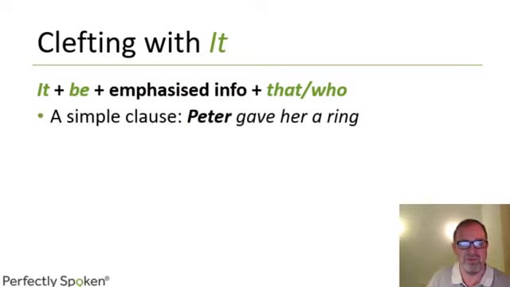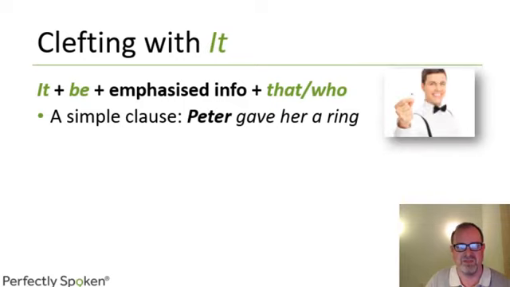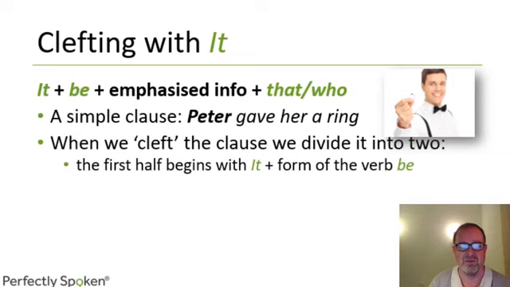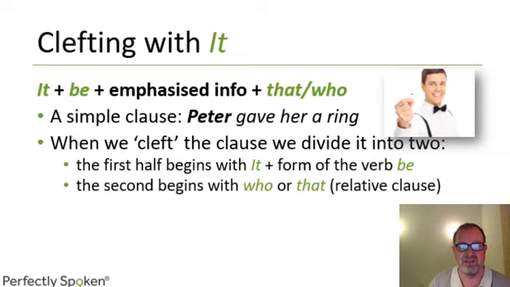So here's an example, a simple clause. Peter, the subject, gave her a ring. Okay, so here's a picture of Peter with the ring. And so what do we do when we cleft it? We divide this into two. First of all, we have the first half with it and the form of the verb to be, and then the second with who or that and the relative clause.